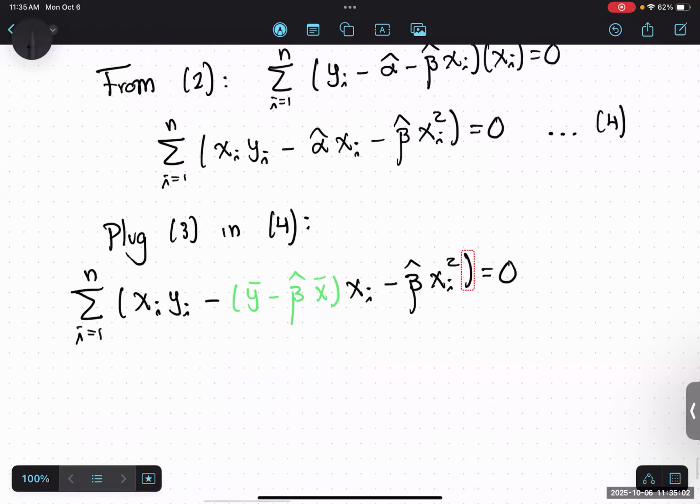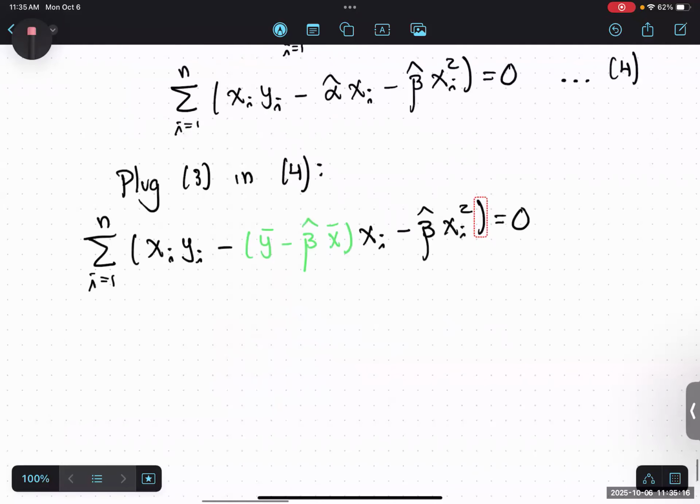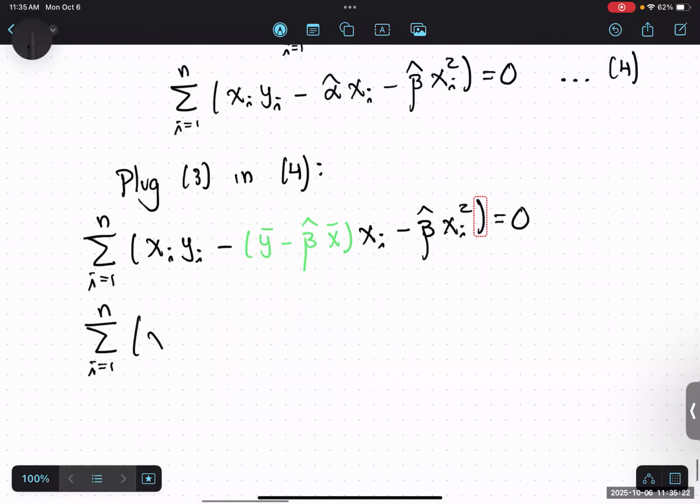Now I will once again distribute the product between the elements that we have inside the parentheses that is in green times xi. This will give me my regular sum. The first element is the same.